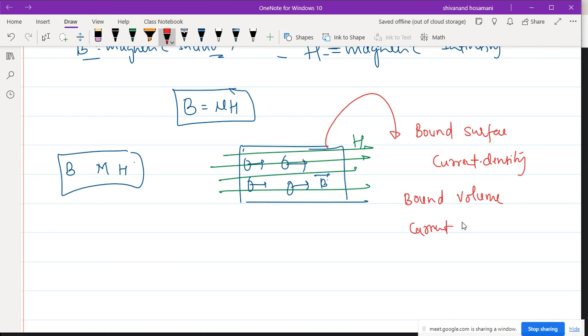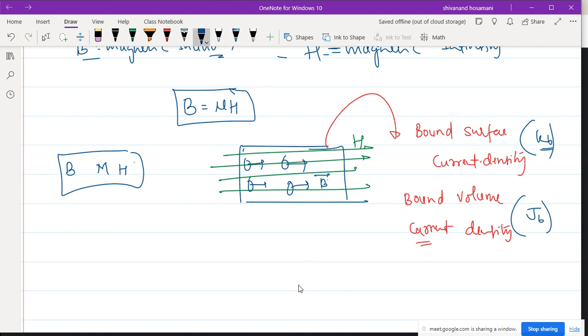As in the case of polarization, we have seen that two types of charges appear on the surface of the dielectric: surface bound charge and volume bound charge. Here, bound surface current density and bound volume current density. Generally we define the surface one as K and the volume one as J. KB is nothing but bound surface current density. JB is nothing but bound volume current density.